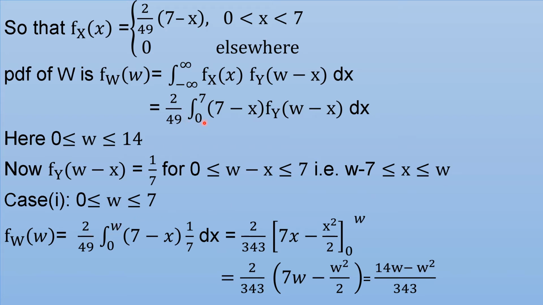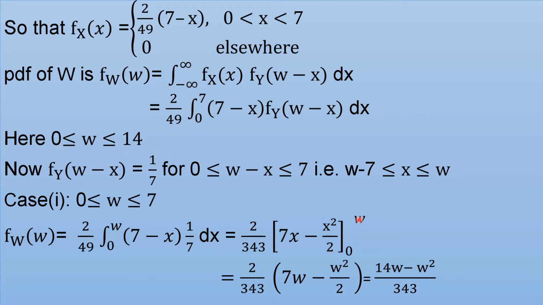So 2 by 49 into integral 0 to w 7 minus x, 1 by 7 dx. 1 by 7 because of this fy of w minus x. So 2 by 49 into 1 by 7 means 2 by 343. Integral 0 to w 7 minus x dx. Integration of 7x is 7x minus integration of x is x square by 2.